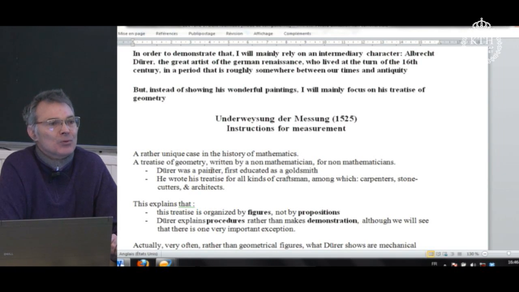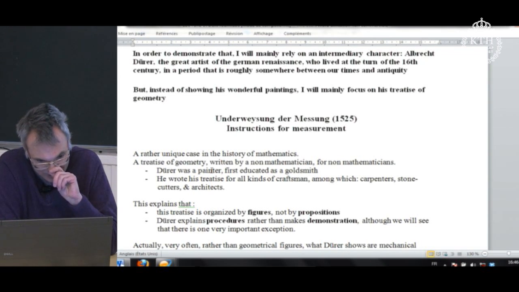But instead of showing his wonderful paintings, I will mainly focus on his treatise of geometry, the Unterweisung der Messung, or the Instructions for Measurement, written in 1525.